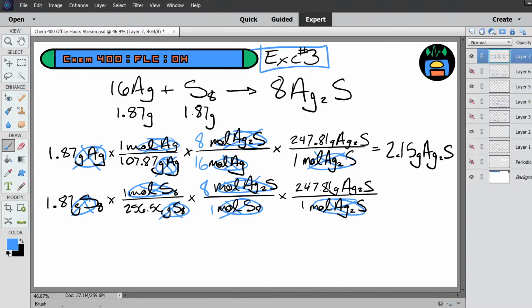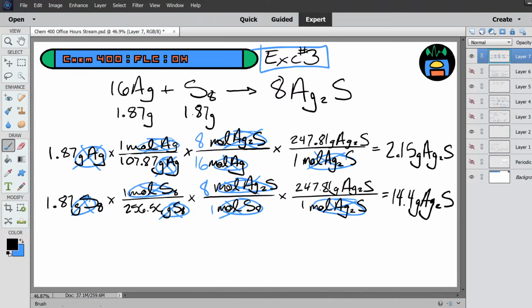So crunching these numbers, 1.87 divided by 256.56 times 8 times 247.81. Oh, this is way huger. So this could potentially produce 14.4 grams.